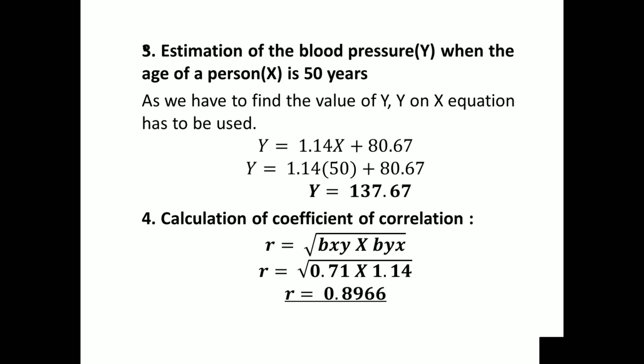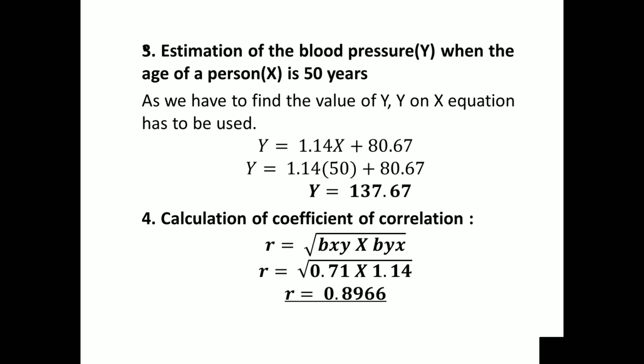So this is the second part of the problem, and the last one is the calculation of the coefficient of correlation based on the regression coefficients. As we all know, r is equal to the root of bxy into byx. When we substitute the values of bxy and byx into this formula, we obtain the correlation coefficient, that is r is equal to 0.89.